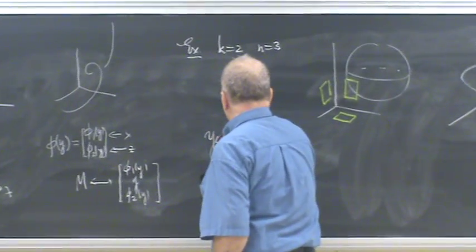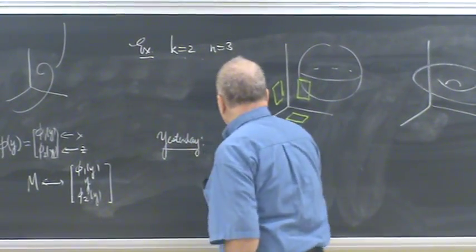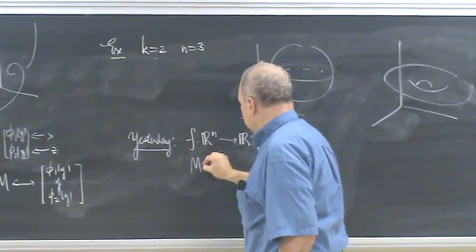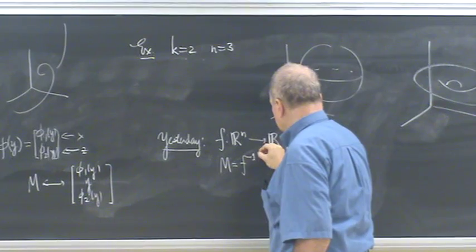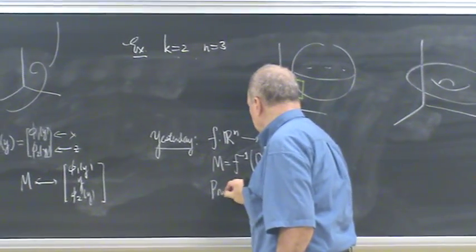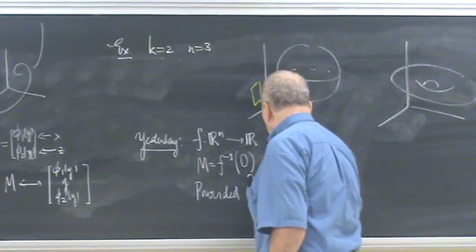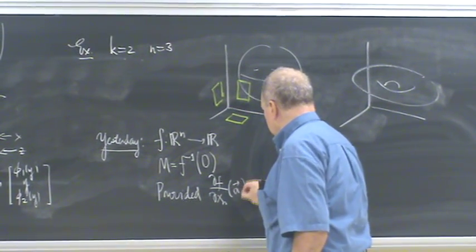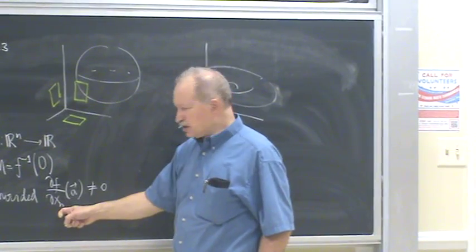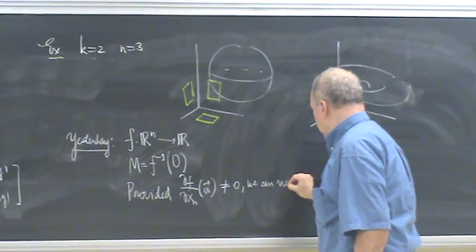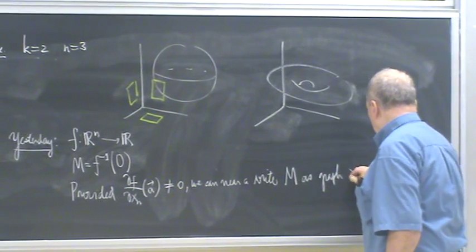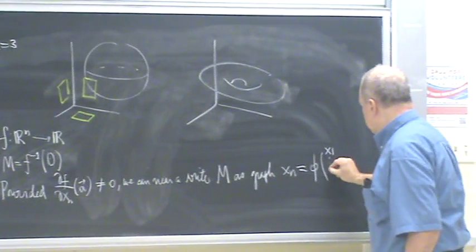Yesterday we stated that if you had f mapping Rn to R, and we looked at a level set where the function was 0, provided the partial of f with respect to one of the variables, namely xn, wasn't 0, we can locally, near A, write M as the graph. xn was a function of the remaining variables. That's what I had yesterday.